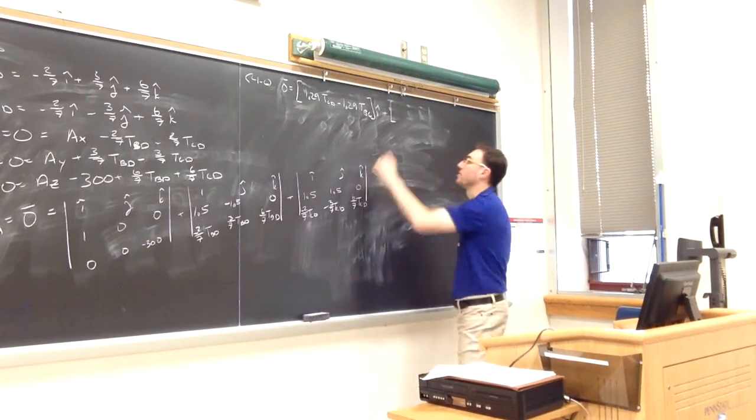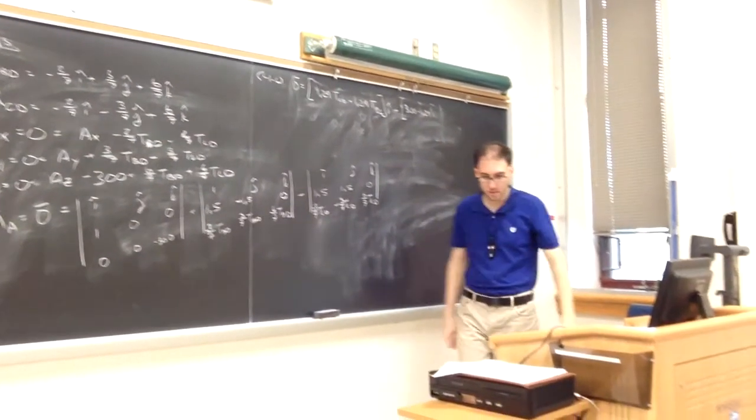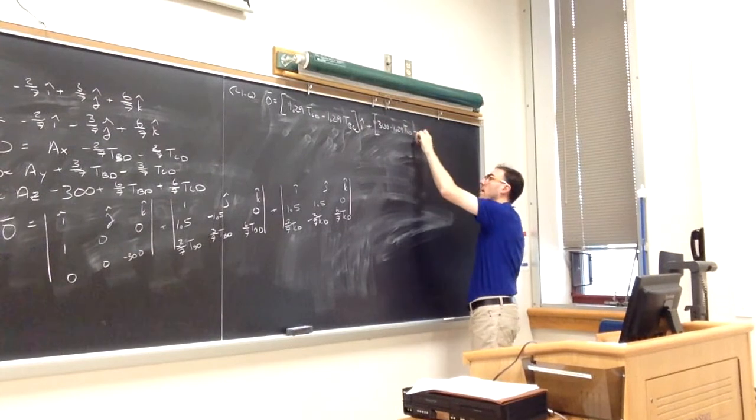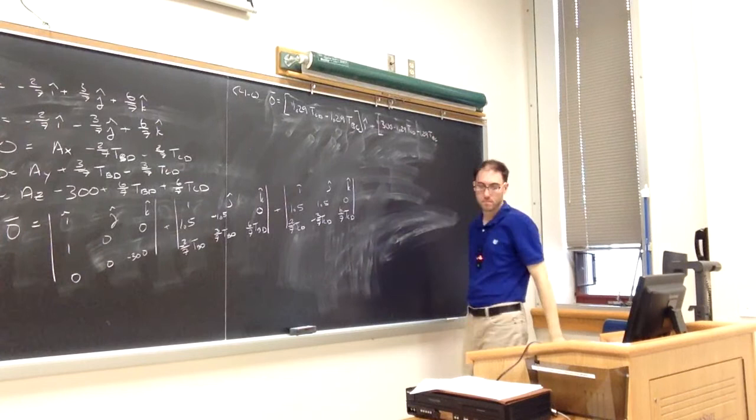My J coefficients, I get 300 minus 1.29 TCD minus 1.29 TBD.